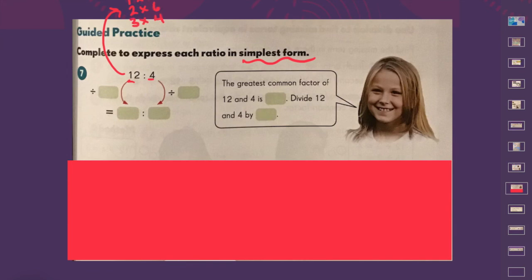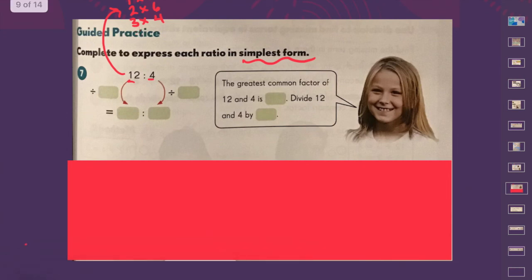Notice how I followed that very careful order of starting with 1 times 12, then I moved to 2 times 6, then I moved to 3 times 4, and I know I'm finished because my next one I would try would be 4, and I already have 4 in my list.